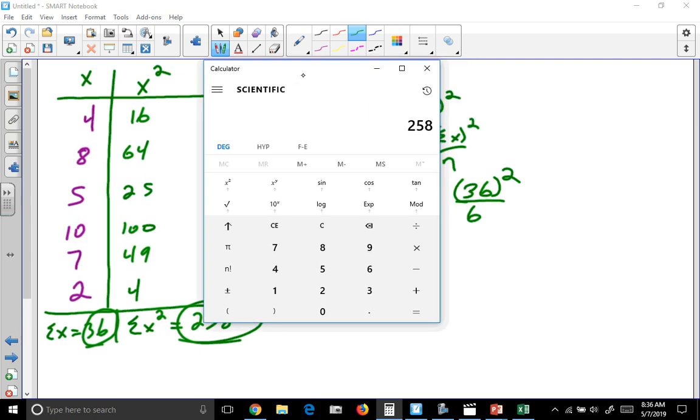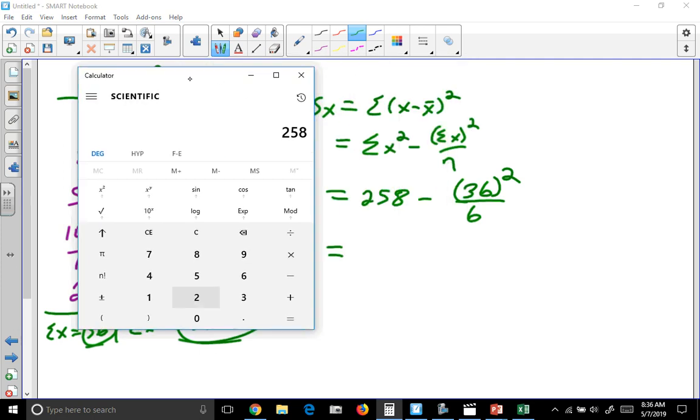Now we have to be careful as we put this into our calculator. We have 258, and we're going to subtract the result of squaring 36 and then dividing by 6. So when we square 36 and divide by 6, we get 216. That's what we're taking away from 258.